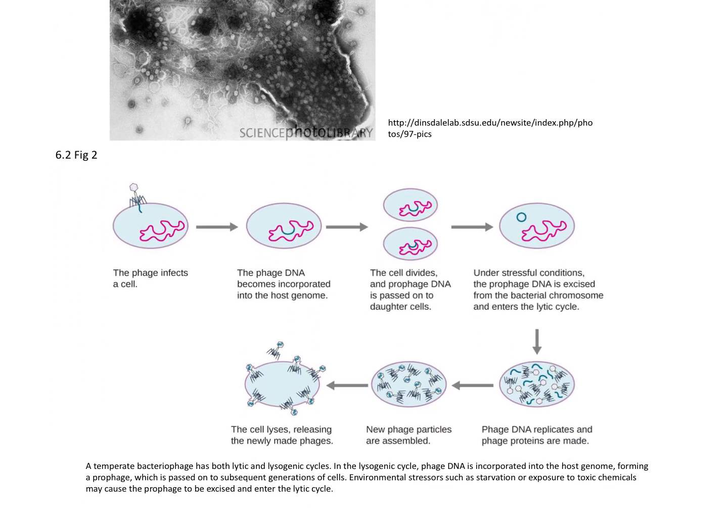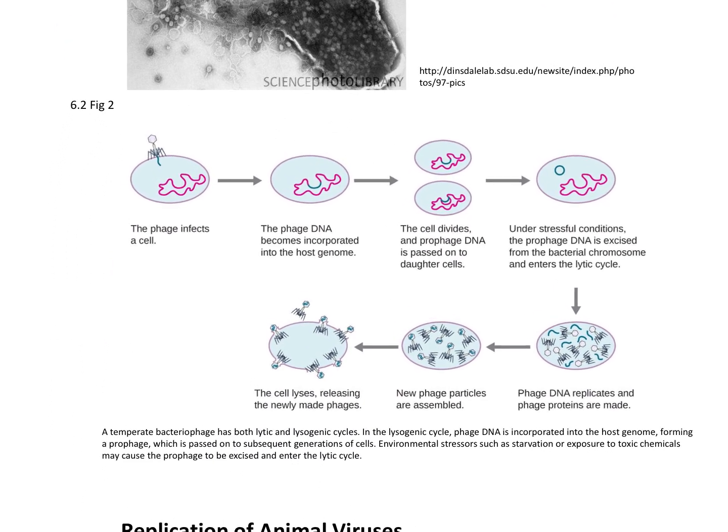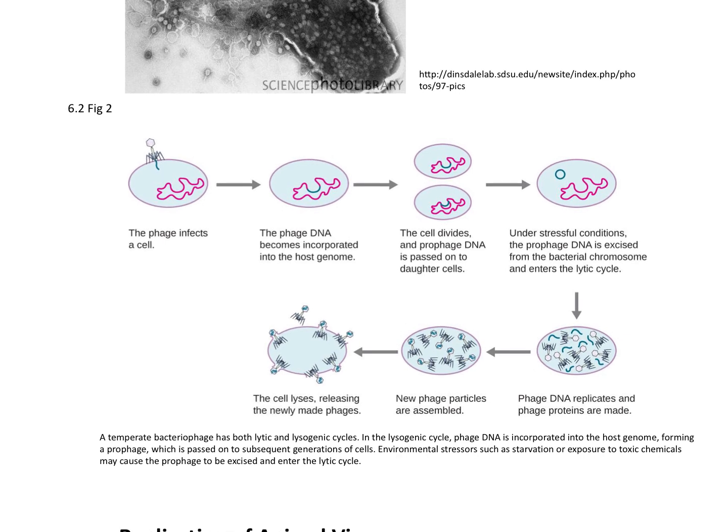All right, and the second possibility, there are some bacteriophage that can undergo what we call lysogeny, or sometimes we call that the lysogenic cycle of replication. And bacteriophage that can do this are called temperate bacteriophage.